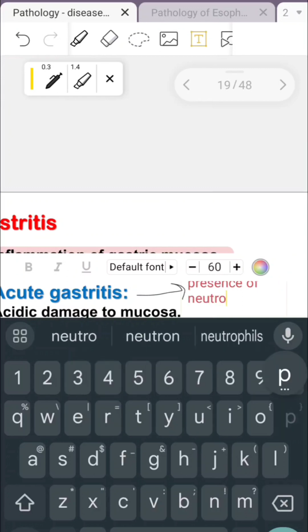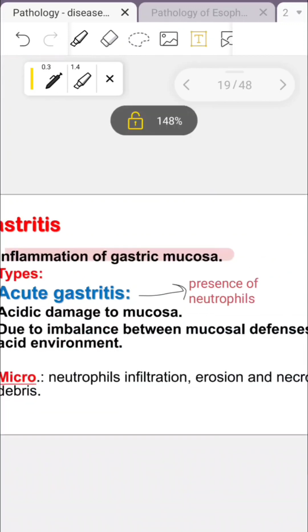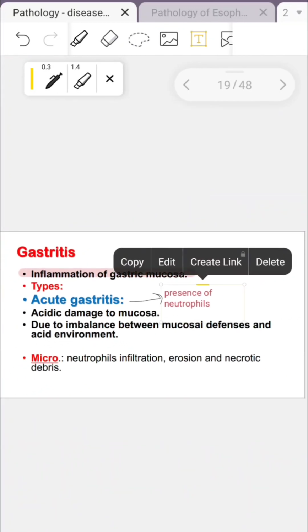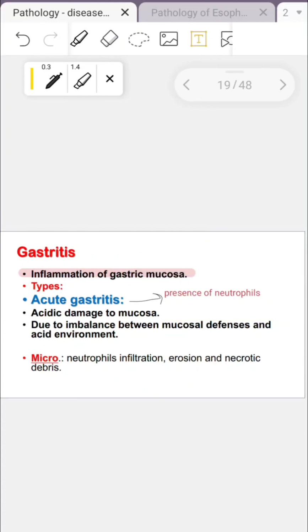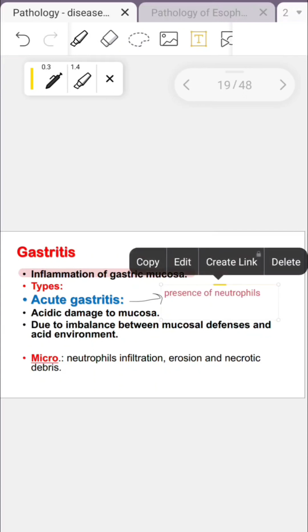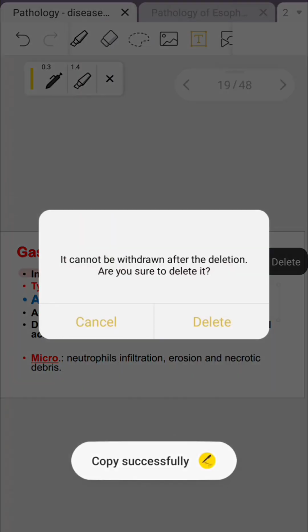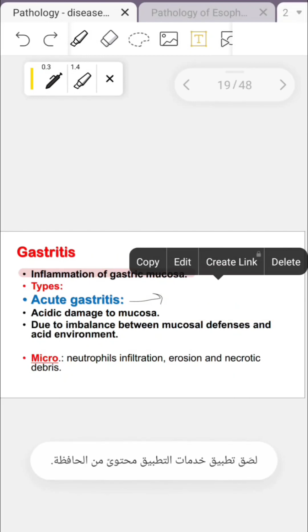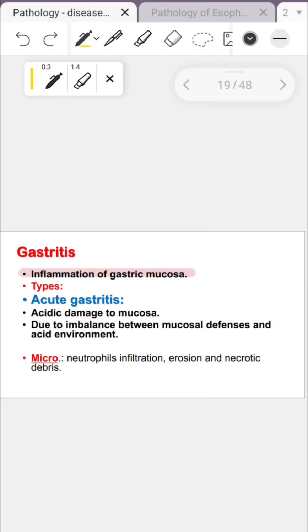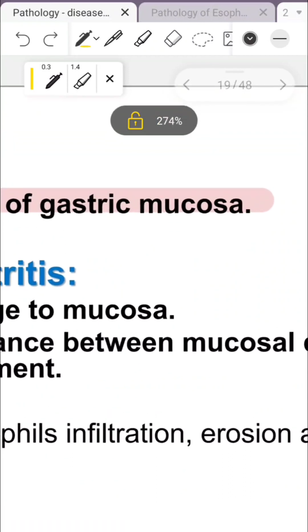Even if someone has chronic gastritis and we see neutrophils, they indicate recent activity, a relapse of the disease, meaning an acute attack. Okay.